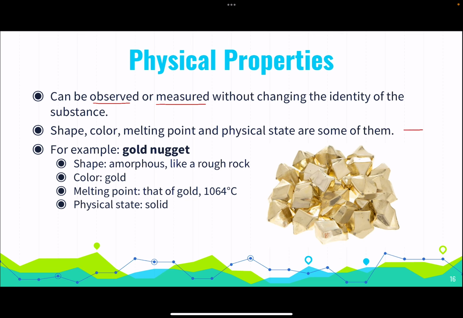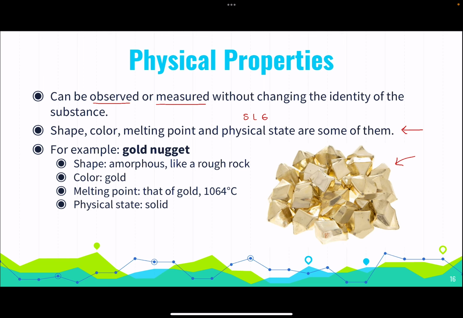substance. For example, the shape, the color, the melting point, and the physical state, solid, liquid, gas, etc., are some of them. For example, if we pay attention to this golden nugget, we would see that the shape is amorphous, so it's not a cube or it's not a sphere.